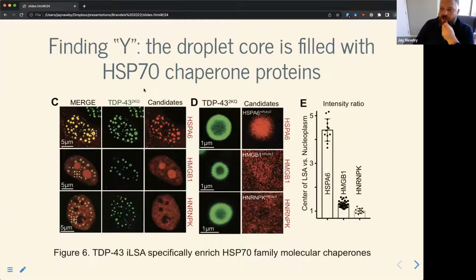It's a chaperone protein, which is really interesting because the way that it interacts with the protein TDP-43 is probably very weak, like rapid binding interactions that could lead to a marginal mixing potential, I think.